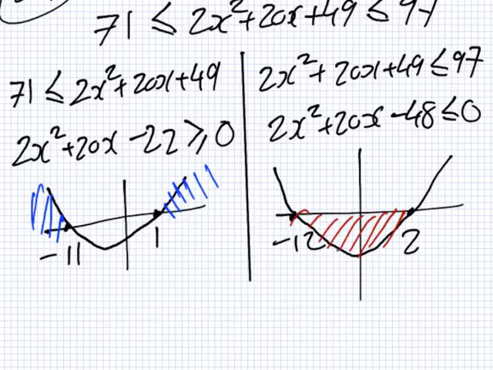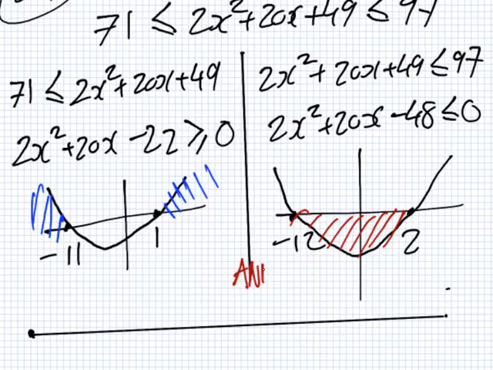So here, I want x to be, if I put on the number line, what's between these two? And or? Between these two answers? No, and.